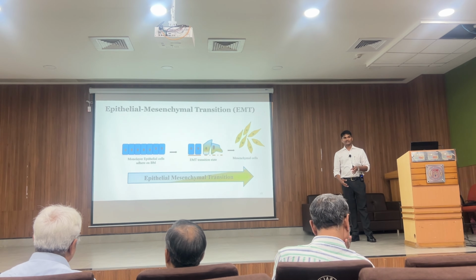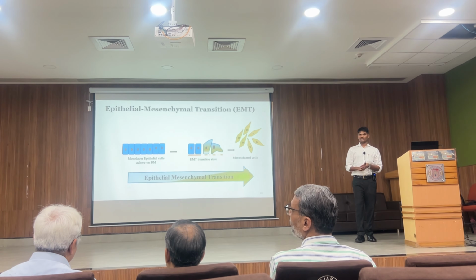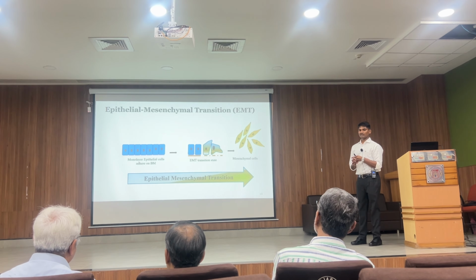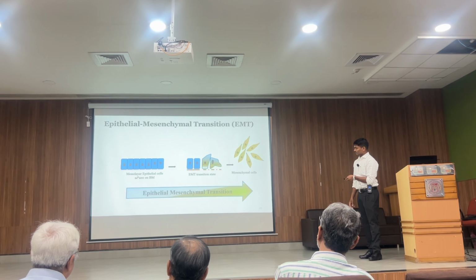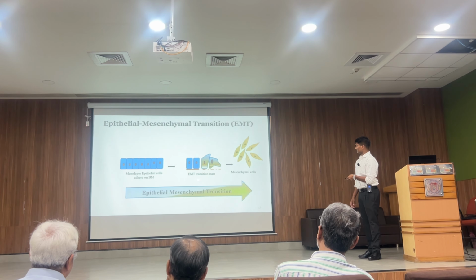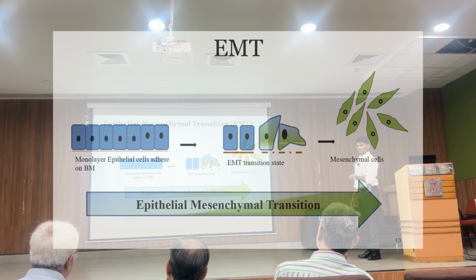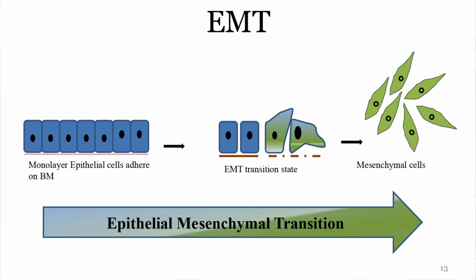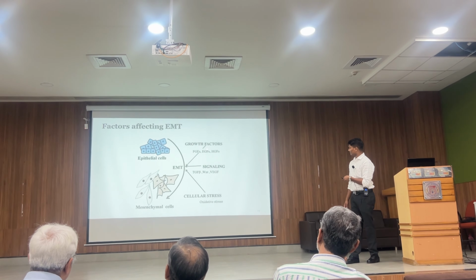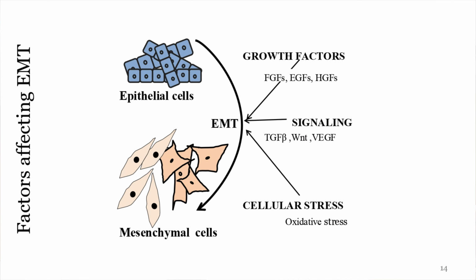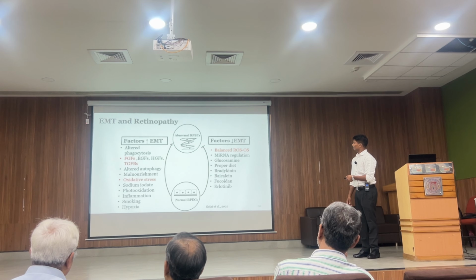Another term that we come across is EMT, that is epithelial mesenchymal transition. It means the conversion of epithelial cells into mesenchymal cells. For conversion of normal retinal pigment epithelial cells into mesenchymal cells, various factors are involved, for example TGF beta 2, oxidative stress, and many others.